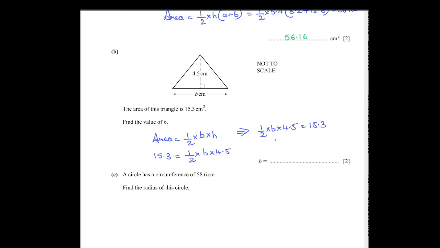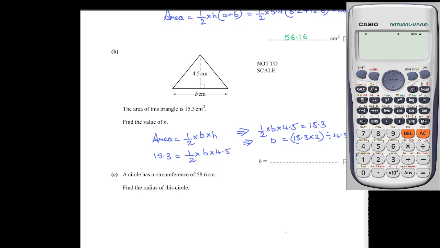If I keep b on the left hand side and bring the remaining on the right hand side, this gets multiplied and this gets divided. So 15.3 multiplied by 2 divided by 4.5. Do that in calculator. 15.3 into 2 divided by 4.5 is equal to 6.8.